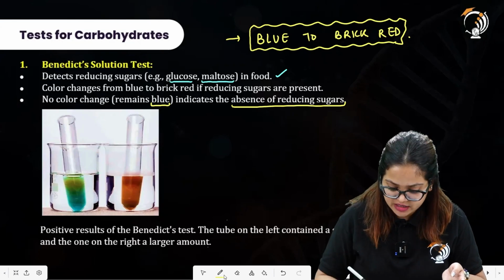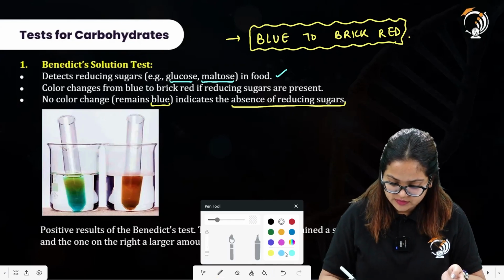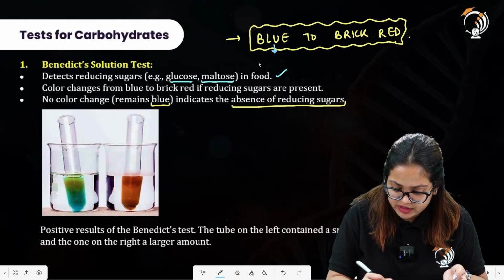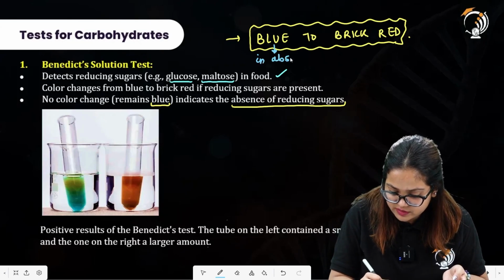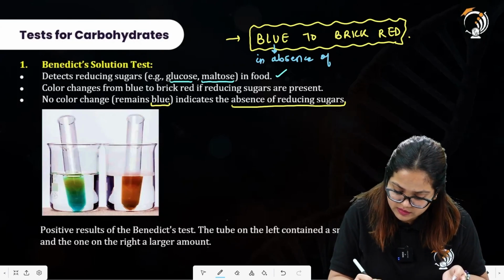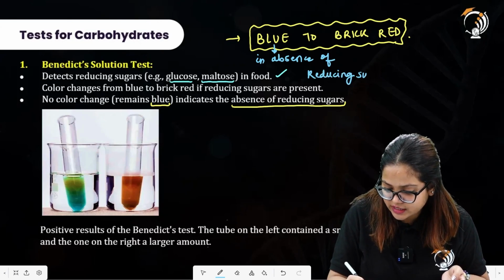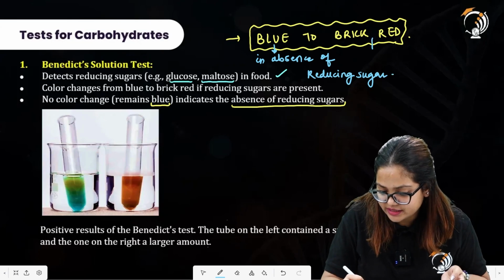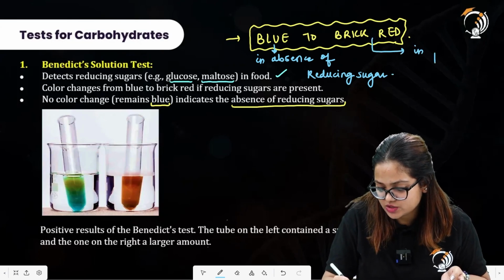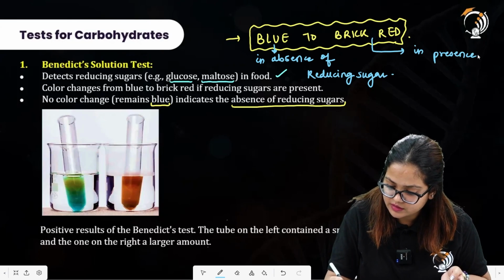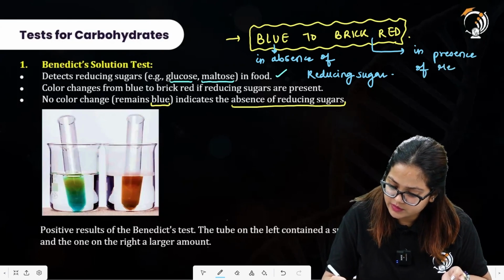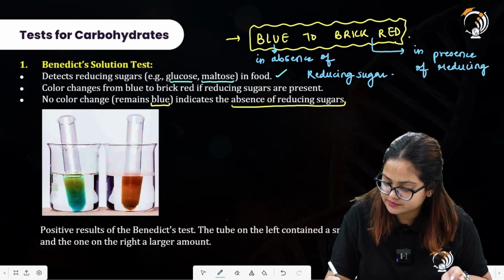So blue in absence of reducing sugars, and brick red in presence of reducing sugars.